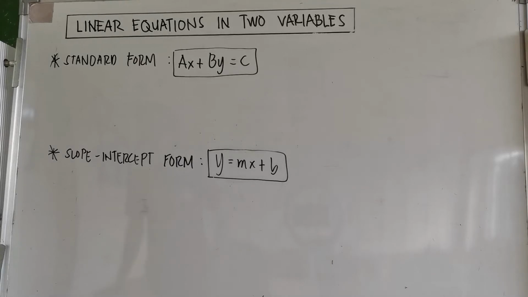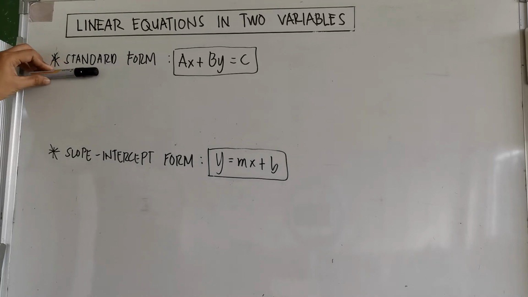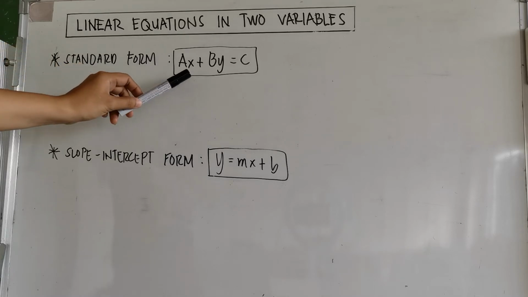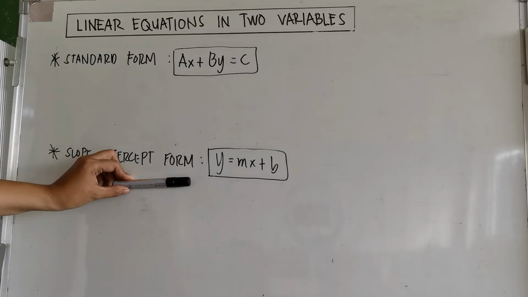Okay, take note that linear equation can be written in two different forms. Number 1, standard form. So, ang standard form ng ating linear equation ay yung binigay kanina sa kanyang definition, which is ax plus by equals c. And the other one is the slope-intercept form.